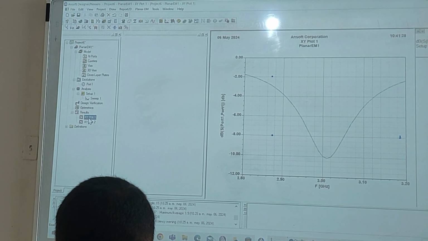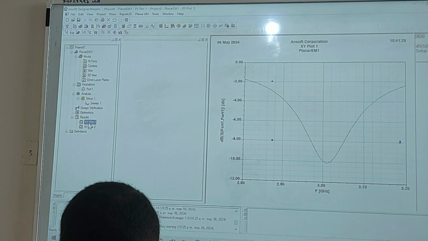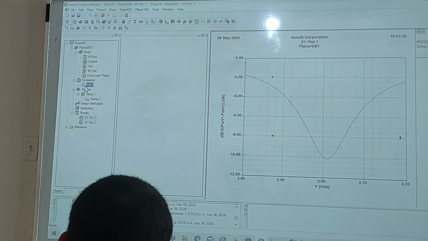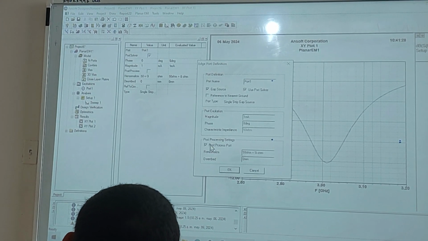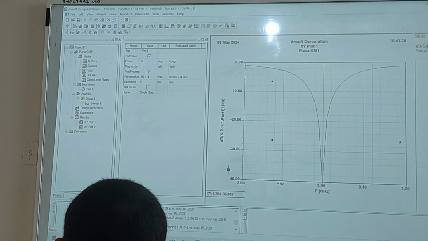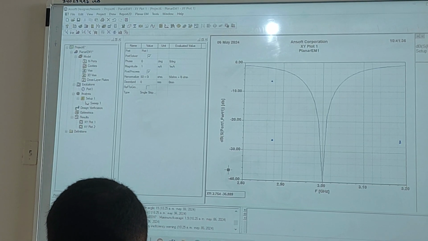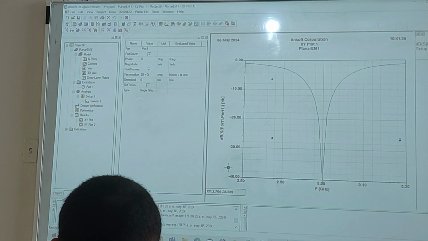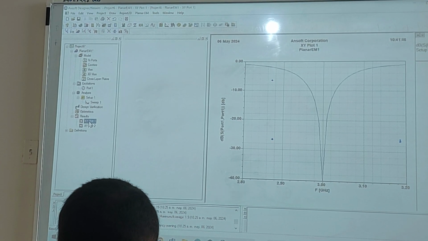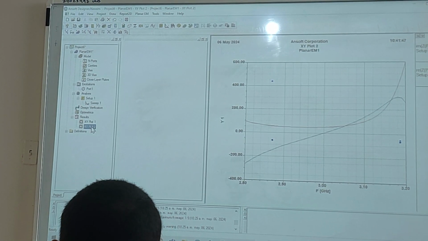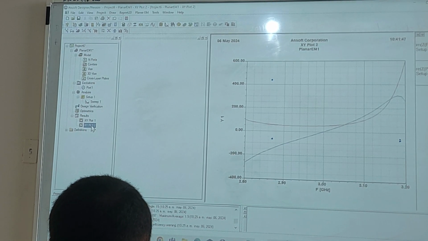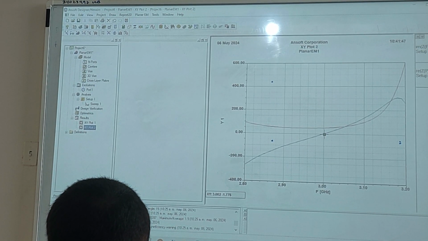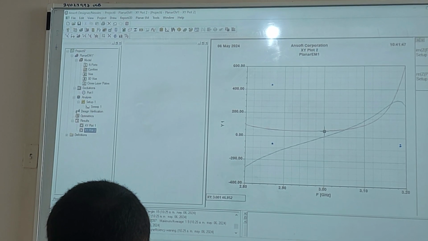And the reflection coefficient is very low. Okay? That's the result, very nice result. Because you can see here that the impedance we have is 0 and 50.